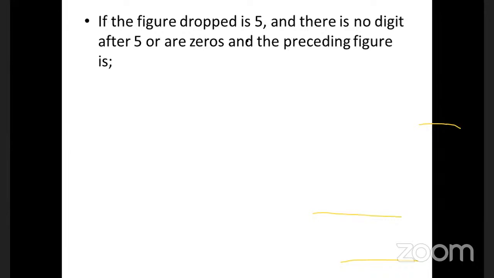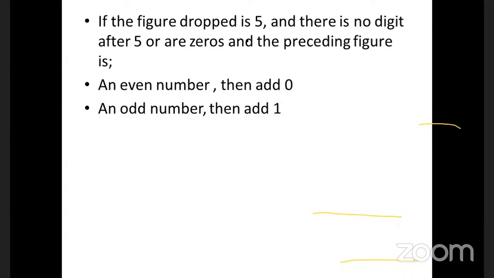So if the figure to be dropped is 5 and there are no digits after 5, or we have zeros, we look at the preceding digit. If the preceding digit is an even number, we add 0. If the preceding digit is an odd number, then we shall add 1.